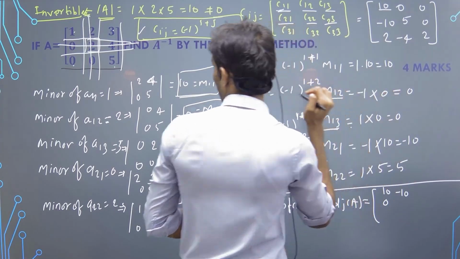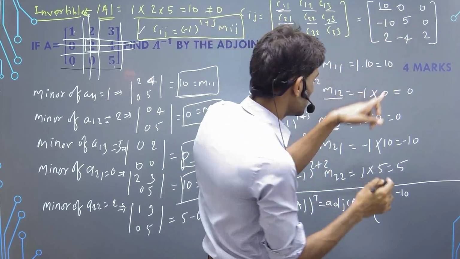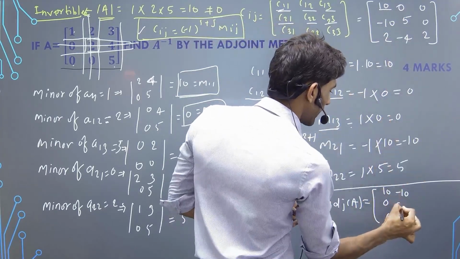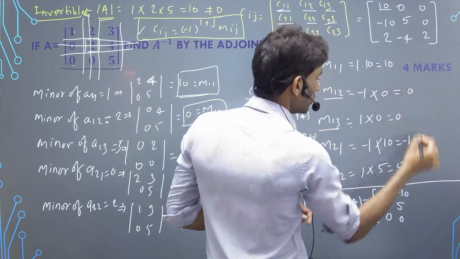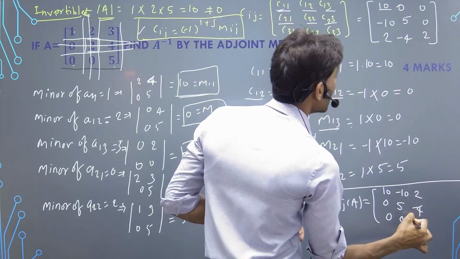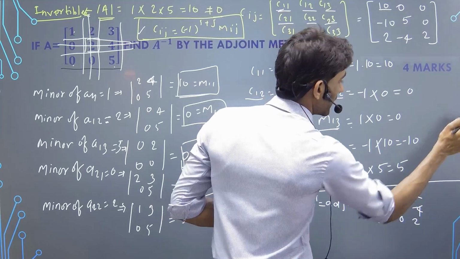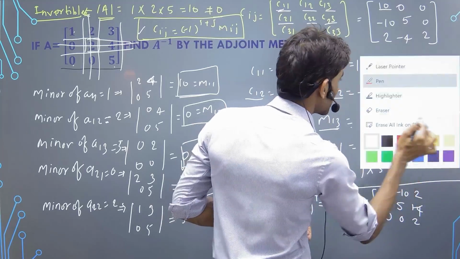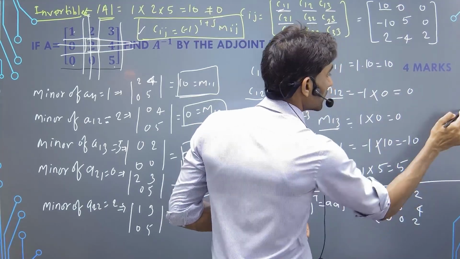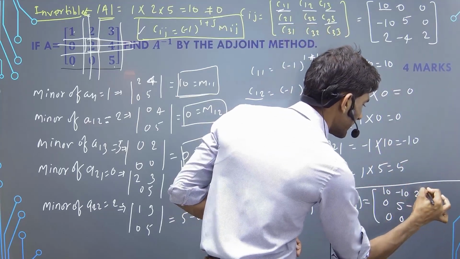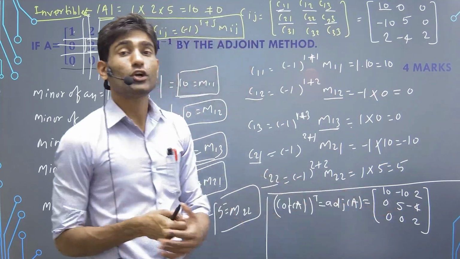Transpose means we have to convert rows into columns and columns into rows. So we get 10 0 0, minus 10 5 0, 2 minus 4 2. This one is our required answer. Here a negative 4 is there. So this is the adjoint of our matrix A.